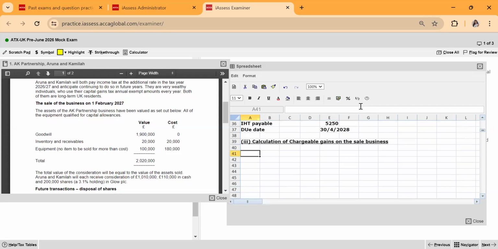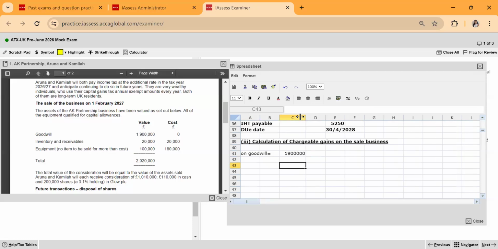I am doing the calculation of chargeable gains for goodwill. The sales value, the consideration, is 1,900,000, cost is zero. So chargeable gains will be 1,900,000, because the question says that the AEA is fully used. I hope I'm clear.